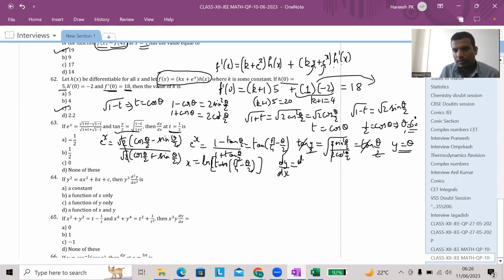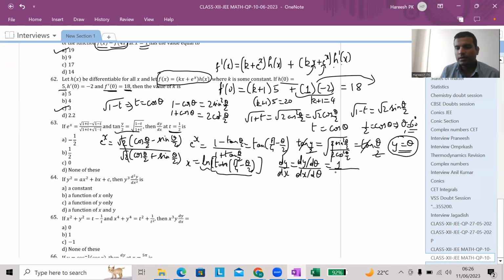dy by d theta by dx by d theta. Now dy by d theta, when you differentiate this, you'll end up getting 1. And what is the derivative of ln tan of pi by 4 minus theta by 2?